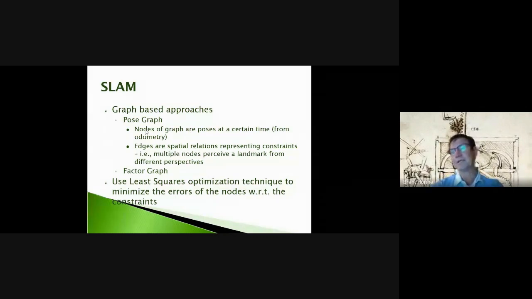So what is a graph? A graph is composed of nodes and edges, and the edges connect the nodes in such a way that it relates some information between them.